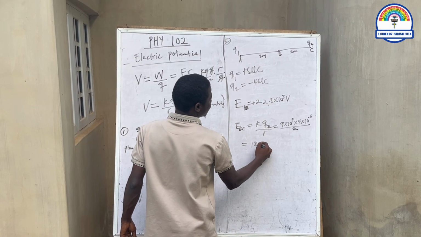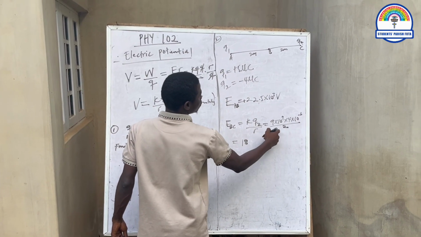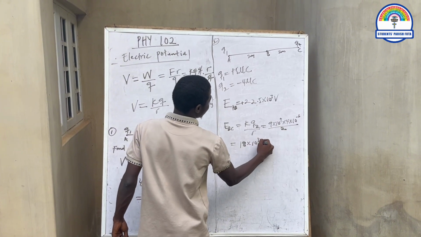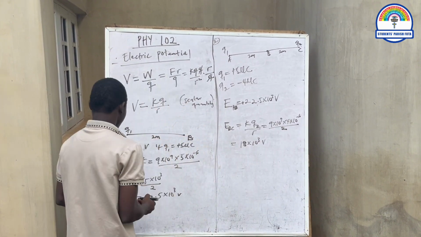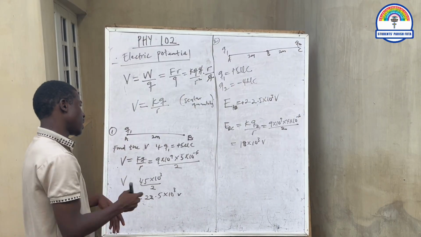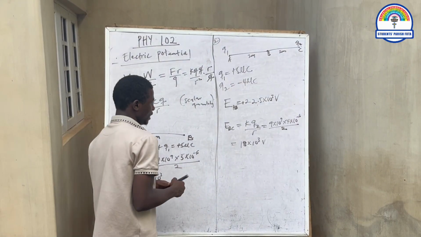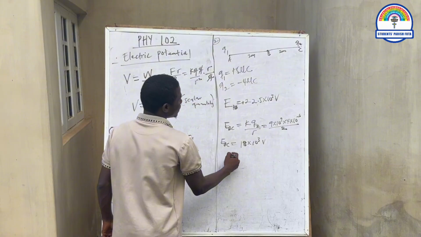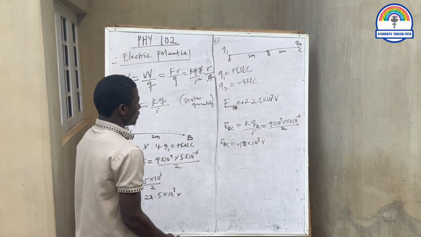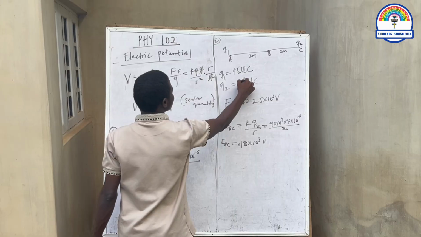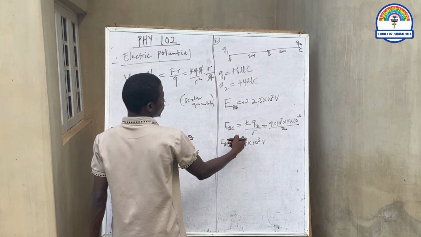That will be 18 times 10 to the power 3 Newton per coulomb. So EBC as well will be positive, since you have a positive charge there.